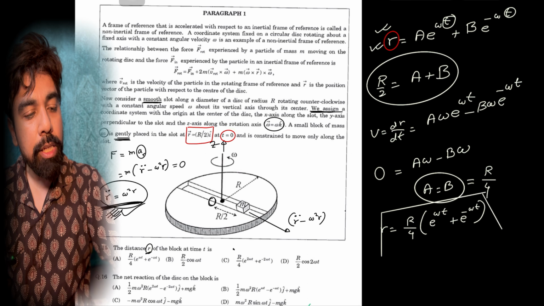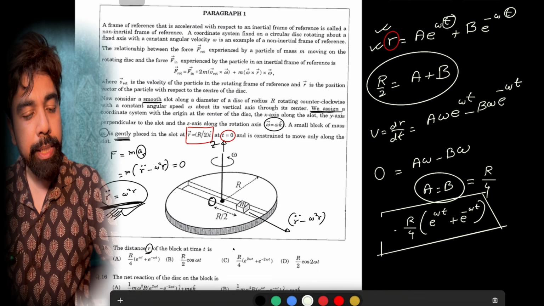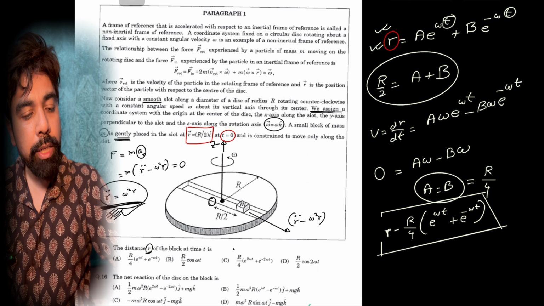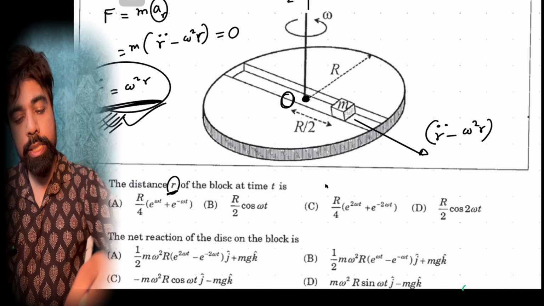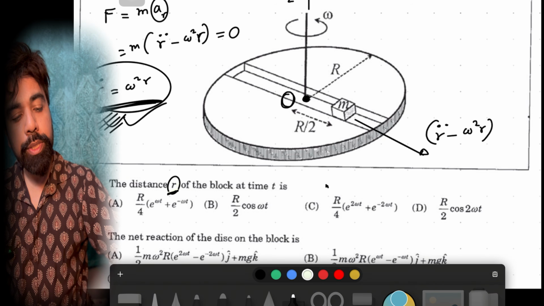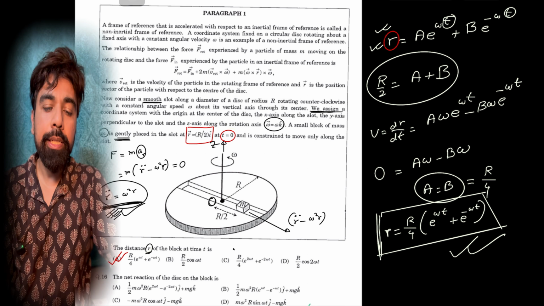This is the small r of the block, the distance from the center. Small r is equal to this value, which, if you check the options, is option A. So we solved this first part.